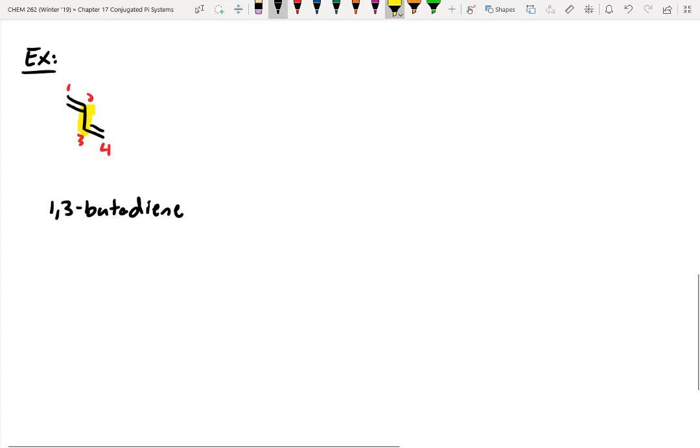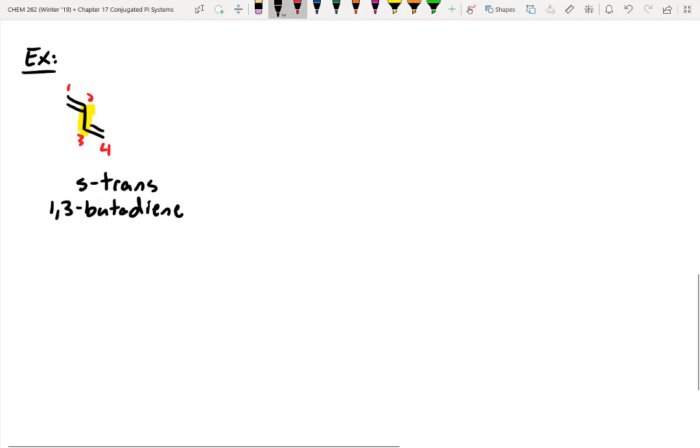So we call this S-trans 1,3-butadiene. And what the S stands for is a single bond that has some restriction to rotation. And in this specific conformation, it's trans, right? Meaning the 2 dienes are facing opposite directions.